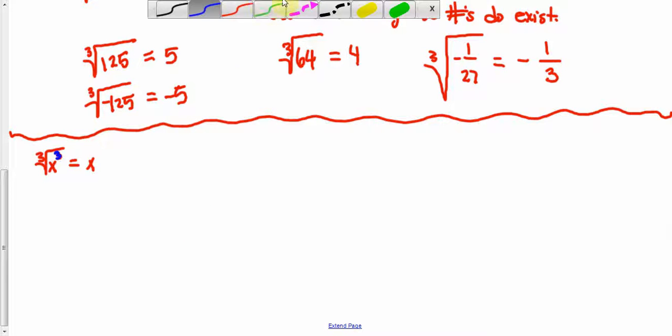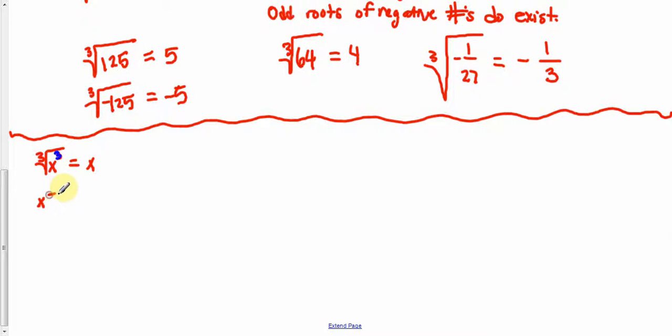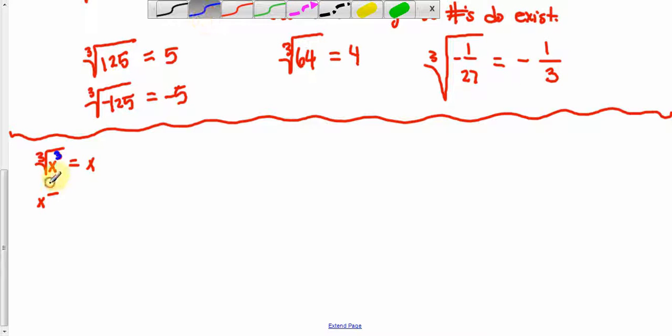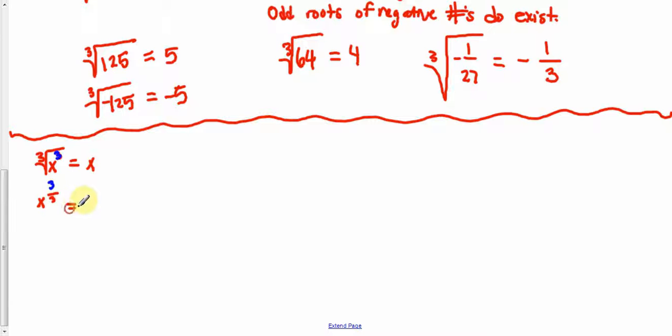The way that you can justify this, if this were not something so simple, would be to divide the power by the index. And 3 divided by 3 is x to the 1st, which is just x. So it's the power divided by the index.